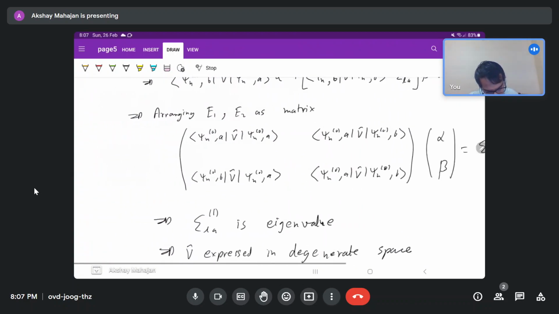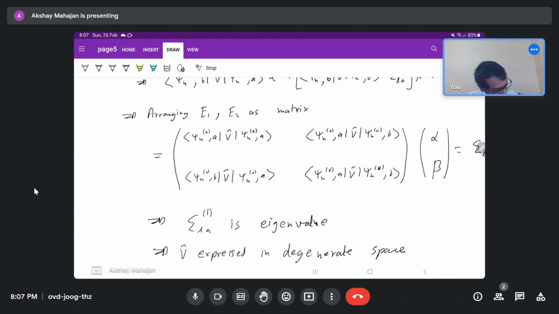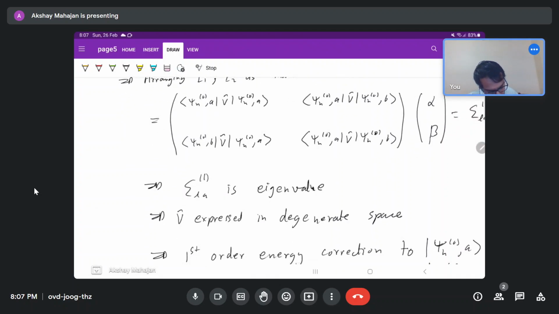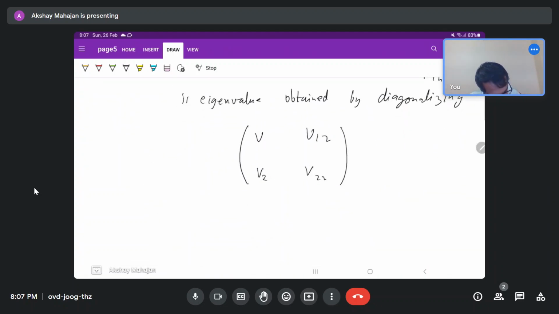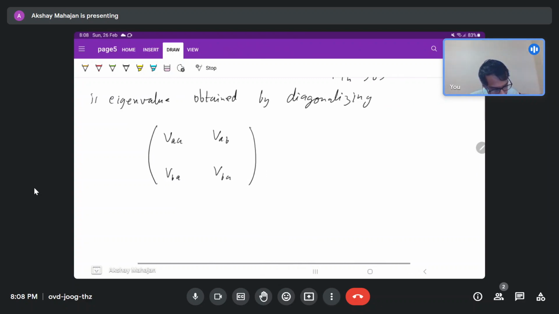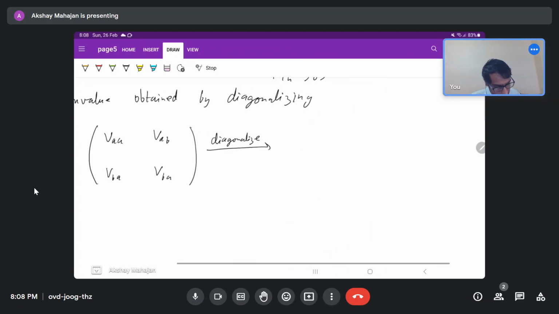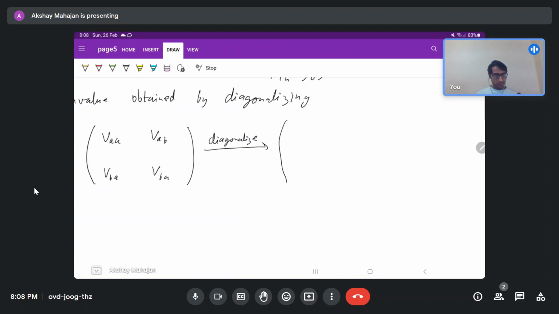So this could be written as a V matrix, VAA, VAB, VBA and VBB. So you have to diagonalize this matrix, and what we obtain after diagonalization will be what we have written.